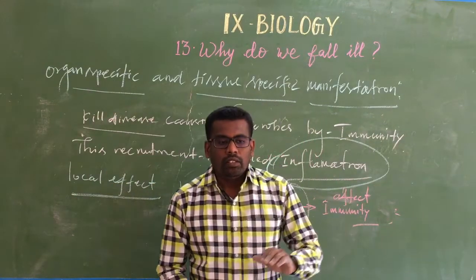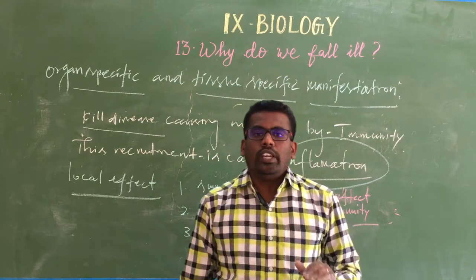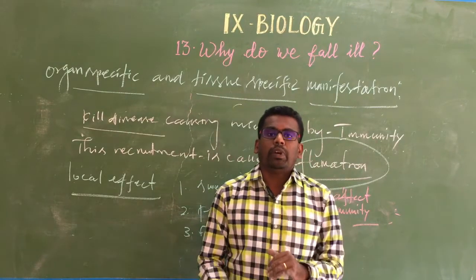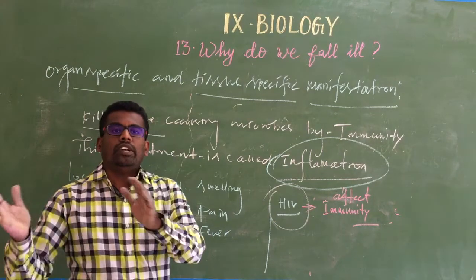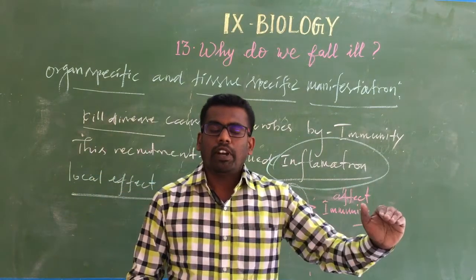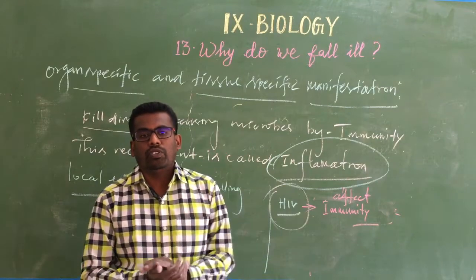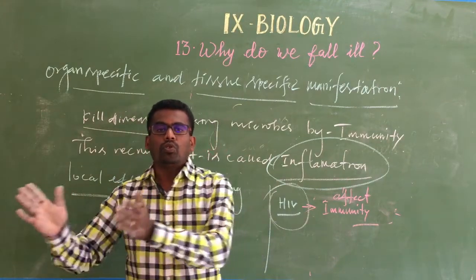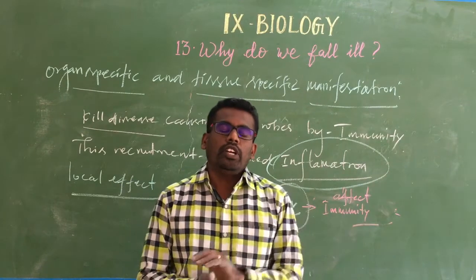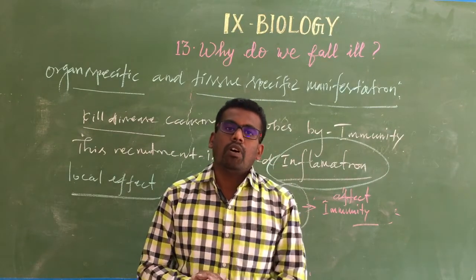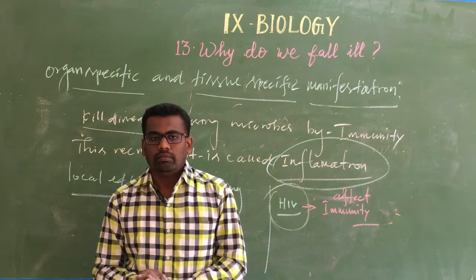Okay, again, what we discussed today, just to recall, is the means of spread. Means of spread, how the disease spreads from an infected person to a healthy person, we saw. If it spreads through air, that is called airborne disease, we have seen.